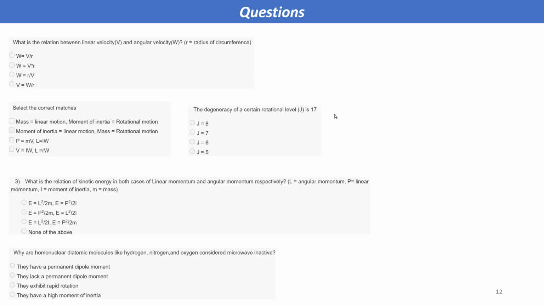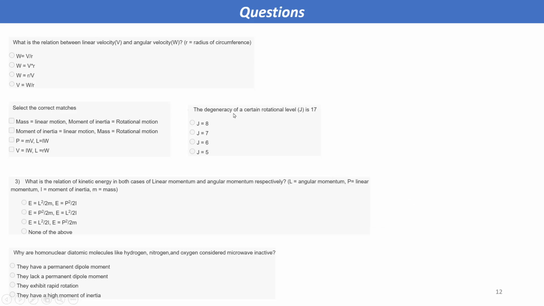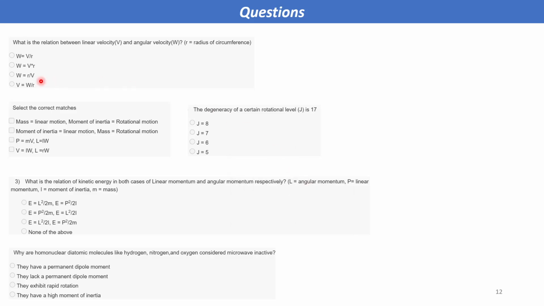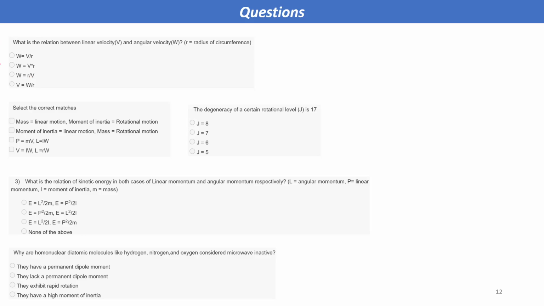So now we will solve some questions again. This was, I think, your assignment questions. What will be the relation between the linear velocity and the angular velocity? Linear velocity is v and angular velocity is ω.